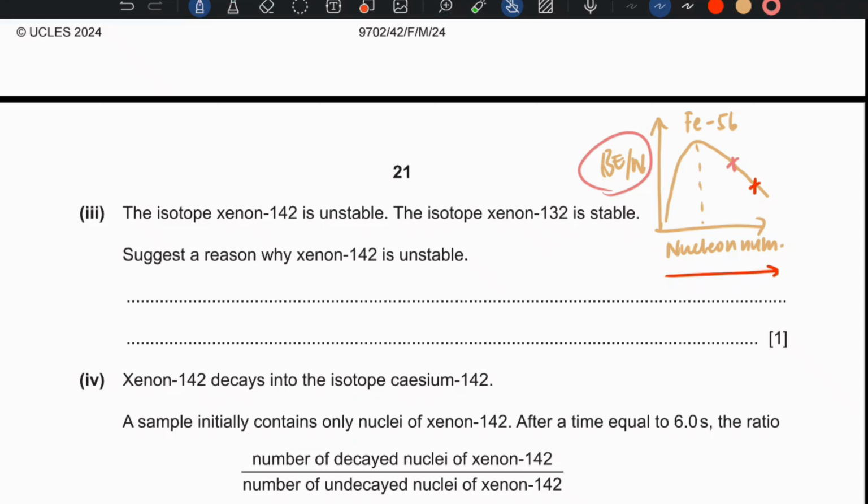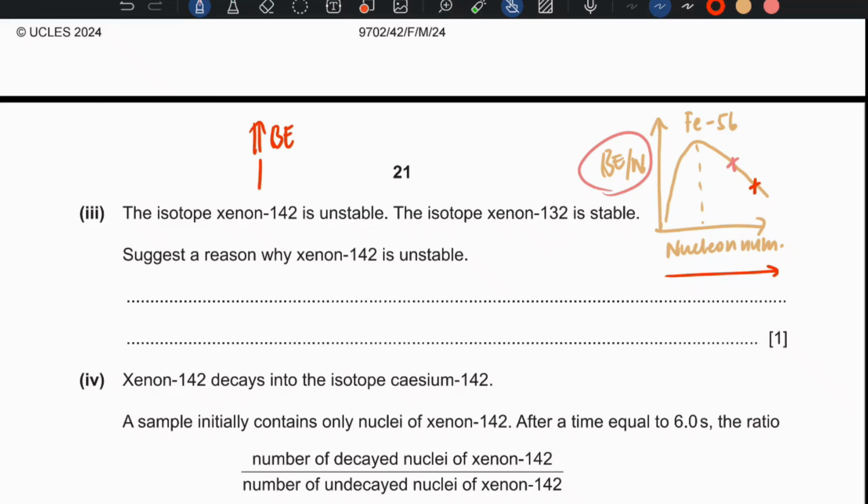Why? Because binding energy means the energy needed to separate the nucleus into its individual nucleons, like protons and neutrons. So if you have greater binding energy per nucleon, that means your nucleus is really stable. You need a lot of energy to actually break the nucleus apart.